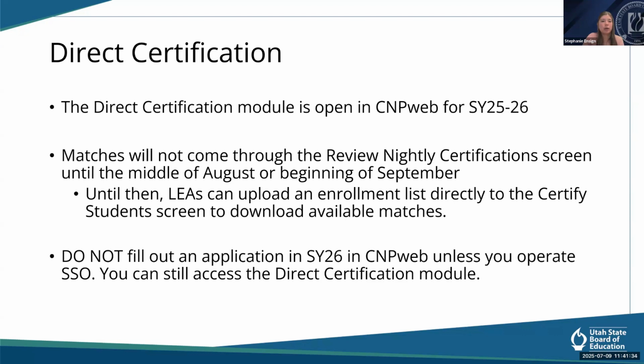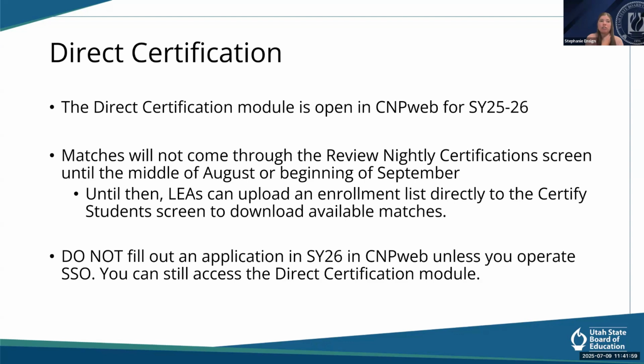And then I just wanted to give a small announcement about direct certification. Right now, direct certification is open in CNP Web for school year 25-26. So if you need to access it right now, you can access it in CNP Web. It's not currently available in PrimeroEdge yet, but you can still use CNP Web to access direct certification.